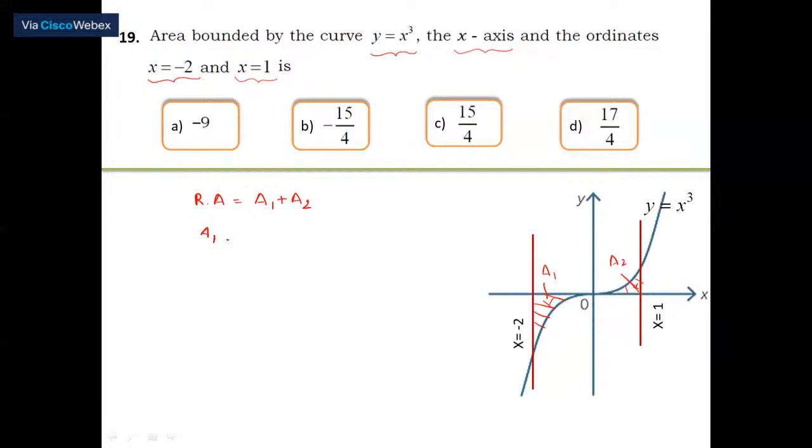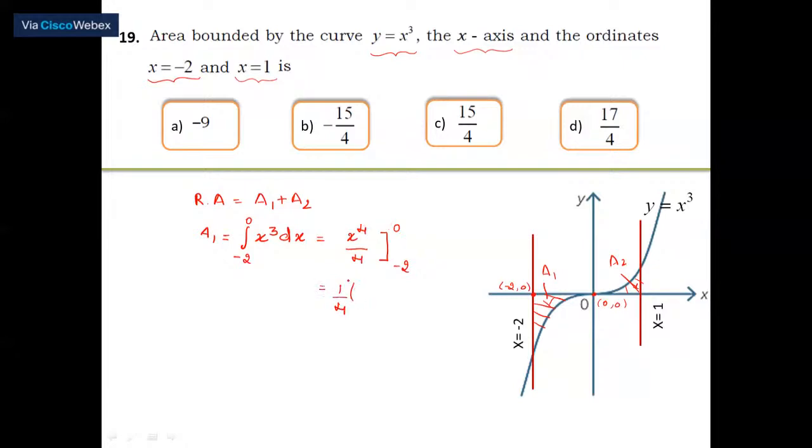Our A1 is integration of y into dx, where here y is x cube. So it is integration of x cube between the points, here minus 2 comma 0 and 0 comma 0. So integration is between minus 2 to 0. Then integration of x cube is x power 4 by 4 between the limits minus 2 to 0. 1 by 4 is constant, let us consider that as it is.